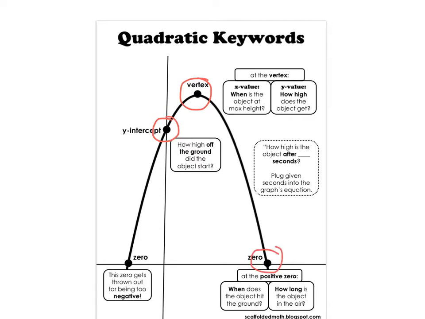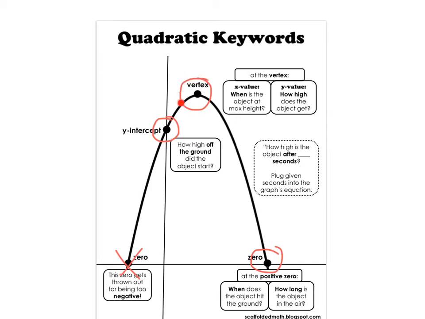Because most of these projectile problems are time and distance, we can't have a negative time, so we don't have to use that one. So these are the three parts of the parabola that we're going to look at, and the parabola we're looking at is always going to be a downward facing parabola.